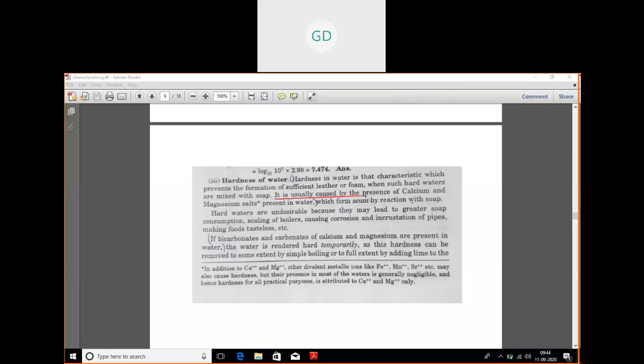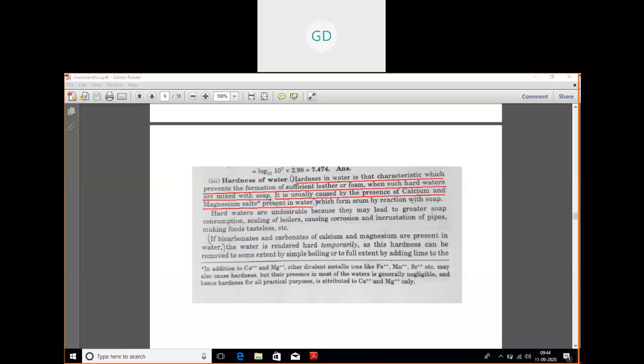It is usually caused by the presence of calcium and magnesium salts present in the water. This is an important line. You can write from here itself. Hardness in water is that characteristic which prevents the formation of sufficient lather or foam when such hard waters are mixed with soap.